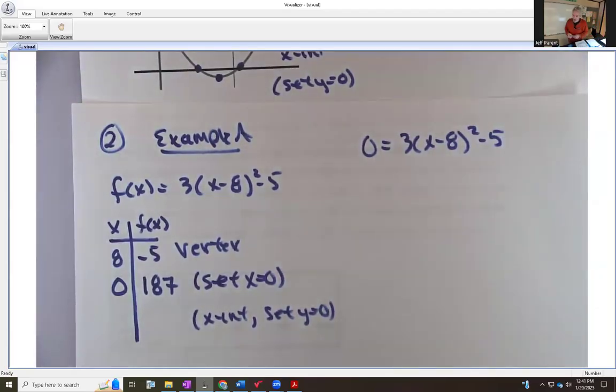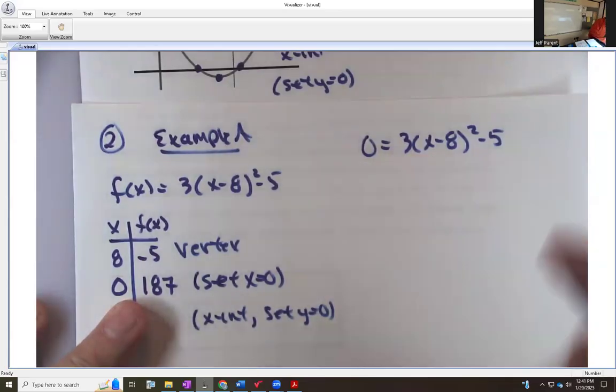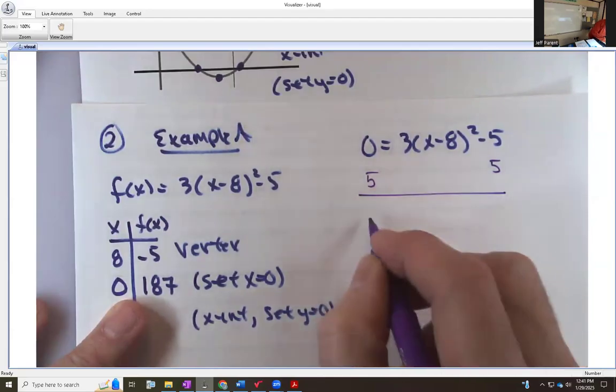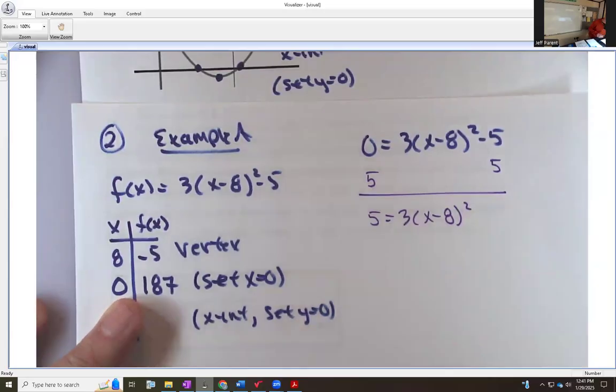Now, it's really convenient that we have this in this particular form, because if we didn't, we'd need to use the quadratic formula to get the solution here. But if I've got it like this, personally, I'd add 5 to both sides. You get 5 equals 3 times (x minus 8) squared.